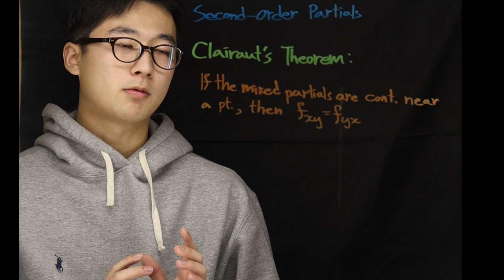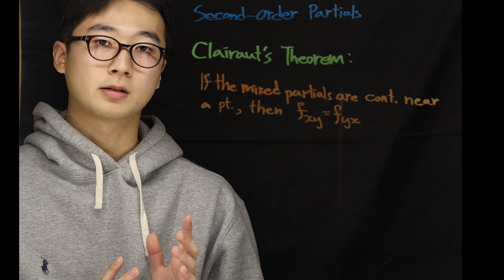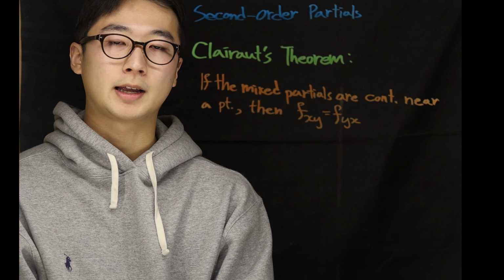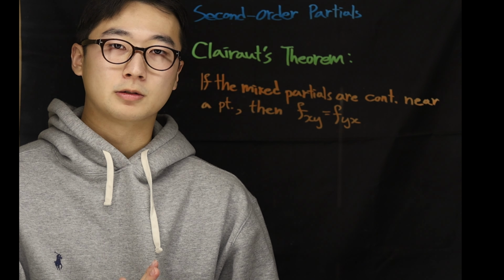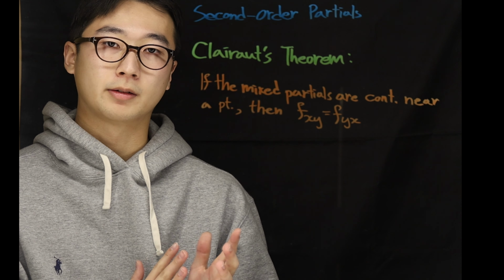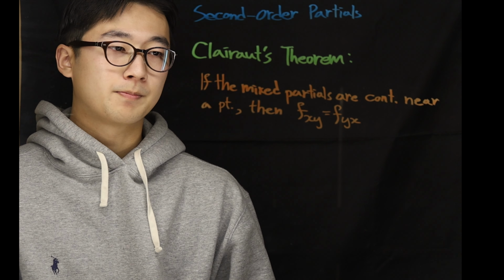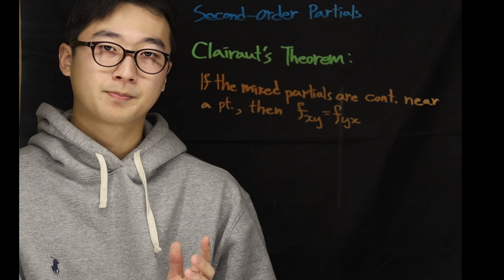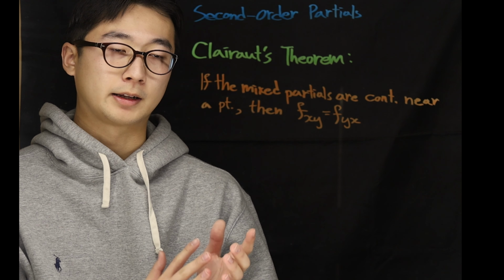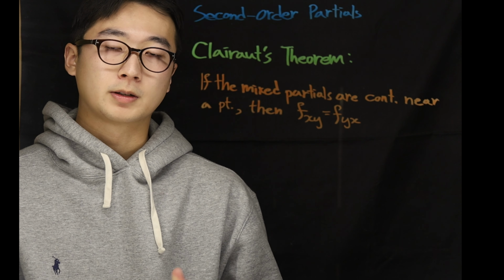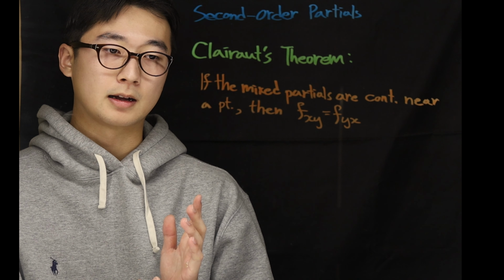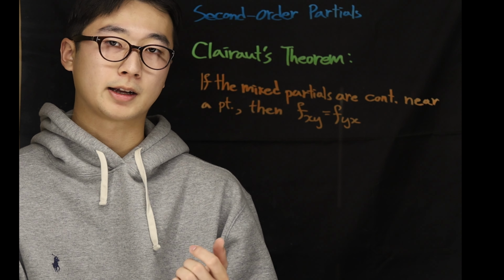Lastly, I wanted to talk about one theorem. It's called Clairaut's theorem. By the way, before talking about the theorem, I just wanted to say that in this video we're not going to cover how to actually find second-order derivatives in a real problem. Just briefly speaking, when you want to find the second-order partial with respect to x, you just need to find the derivative in x while treating y as constant.